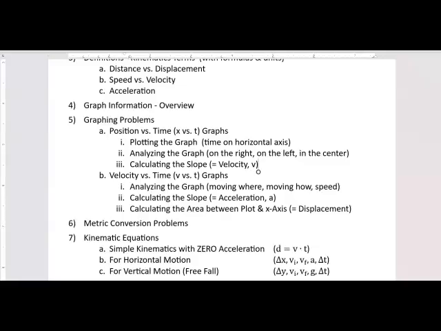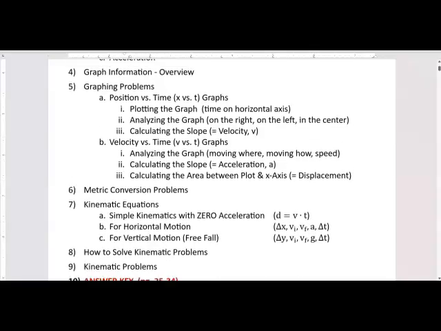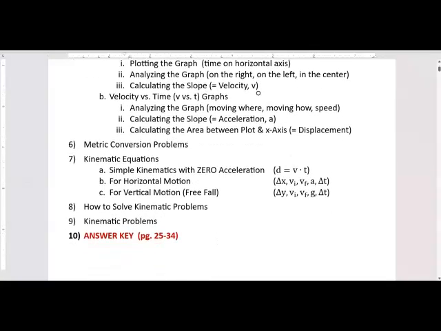In each case, we'll be plotting the graphs and analyzing them. Then we'll be taking the slopes at various parts of the graph in order to get new pieces of information. And then in the case of velocity curves, we'll also be calculating areas between the graph itself and the x-axis to determine displacement.